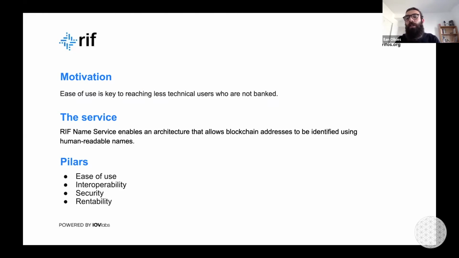This is one of the key things to reach this kind of users, because usually unbanked people are also non-technical, so making them remember a lot of letters and numbers and explaining why they have to remember that puts people far away from this technology.